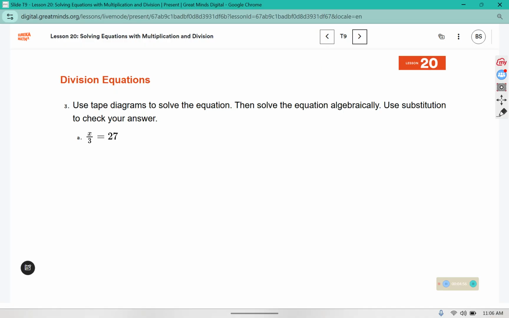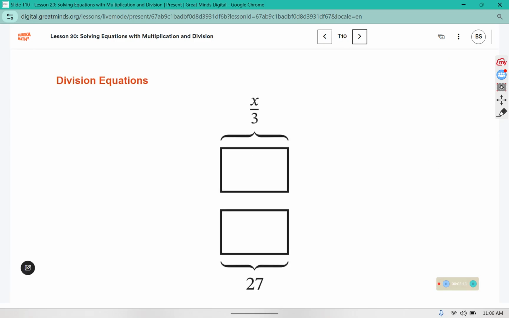Here we have x divided by 3 equals 27. So instead of multiplying by 3, this time they are dividing by 3, which means our tape diagram setup is going to look slightly different. We have x divided by 3 is 27. So if we want x, we're going to need 3 pieces.